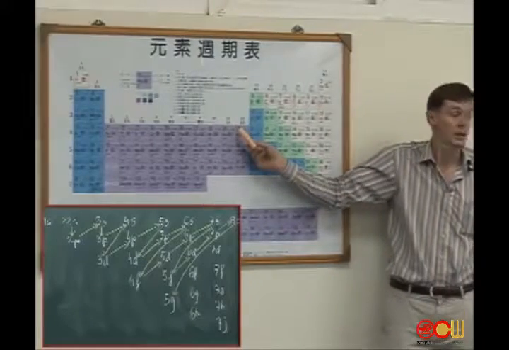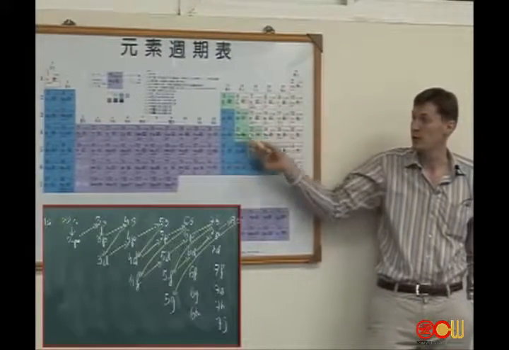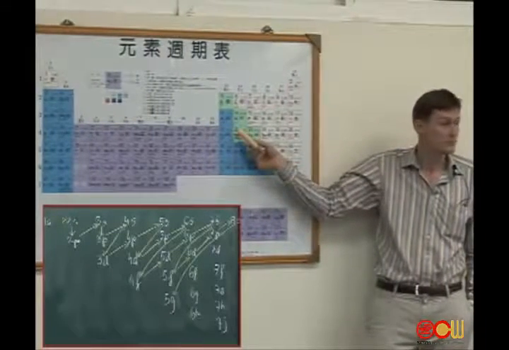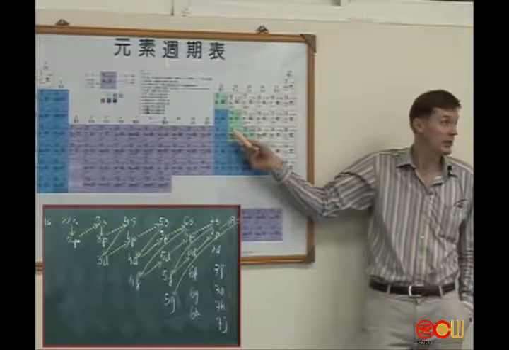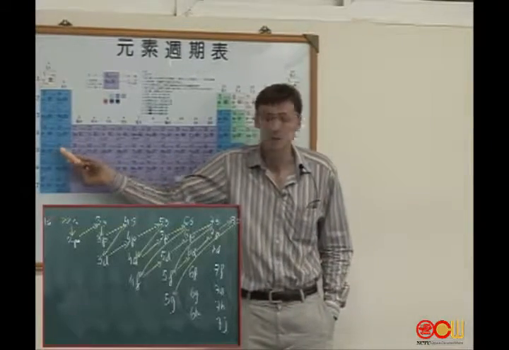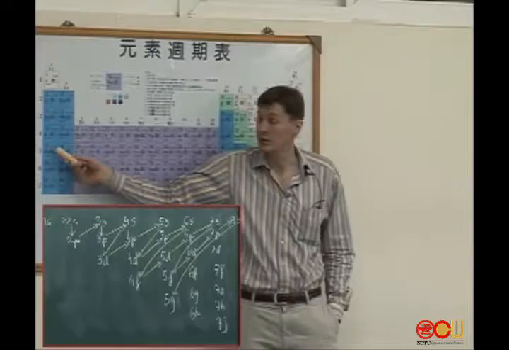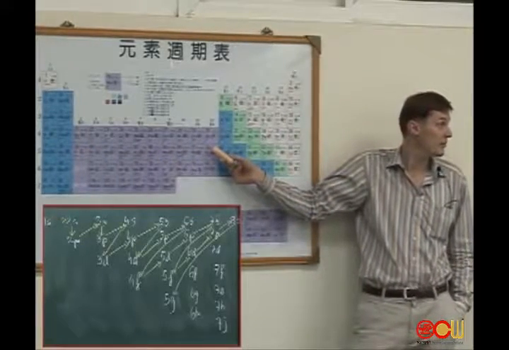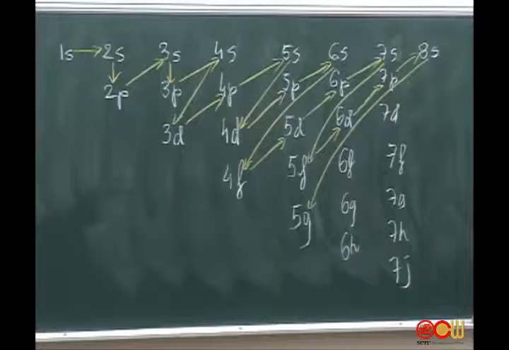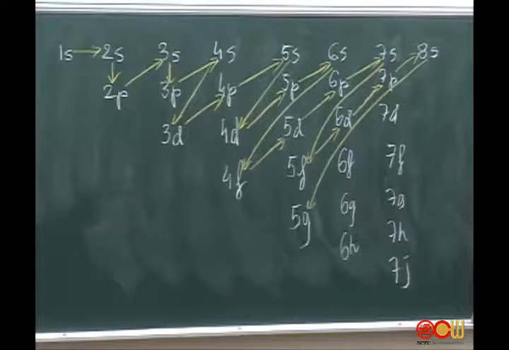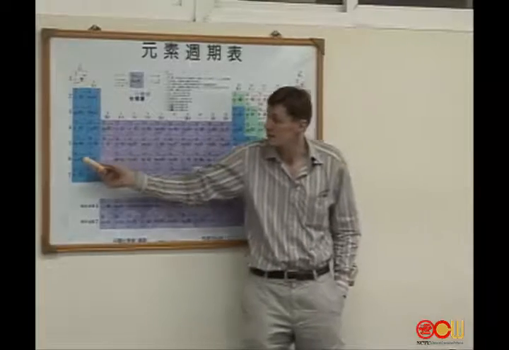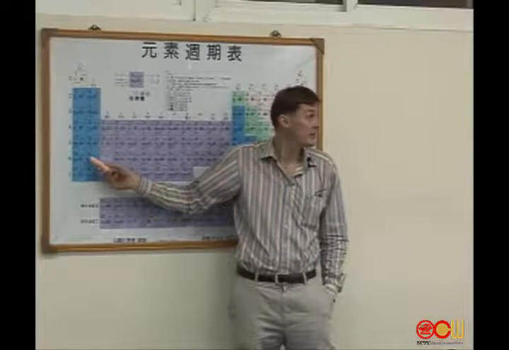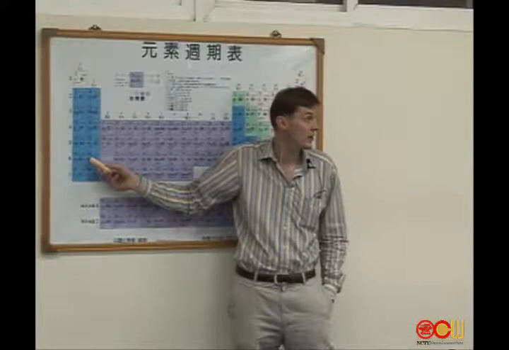After d we go to 4p, which would be here, 6 of them. After 4p it's 5s. We are here. After 5s we come back to 4d. This is 10. After 4d there is 5p, that would be that. After 5p, 6s. After 6s there is F.